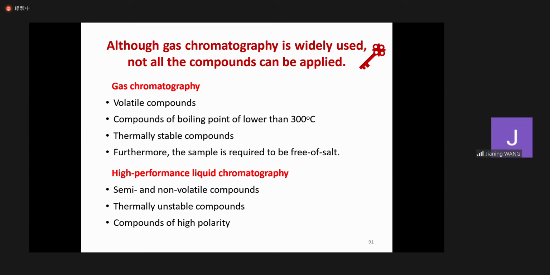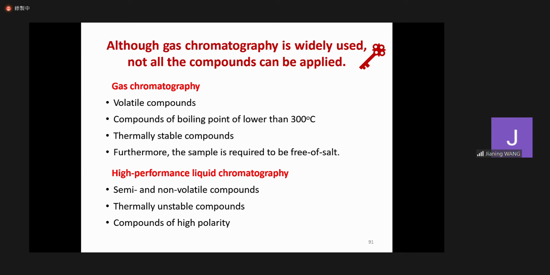This course is about GC and LC, so we should know the differences and their application fields. GC can only separate volatile compounds, and usually the compound's boiling point should be lower than 300 degrees.